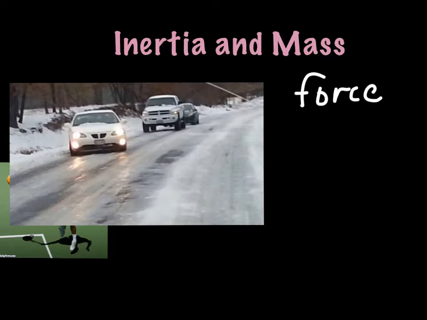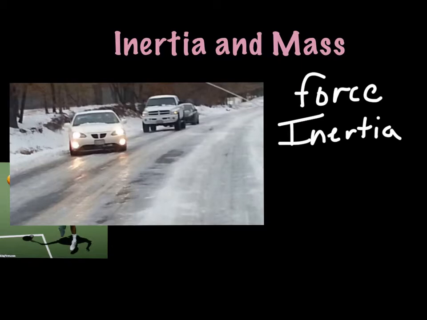This idea is called inertia. If you imagine these cars sliding on this clear ice, they're going to keep sliding until they either A, hit something, or B, the brakes are applied and they stop the car. In both cases, that's a force. Inertia describes how they will keep moving until something stops them, whether that's a tree or another car.